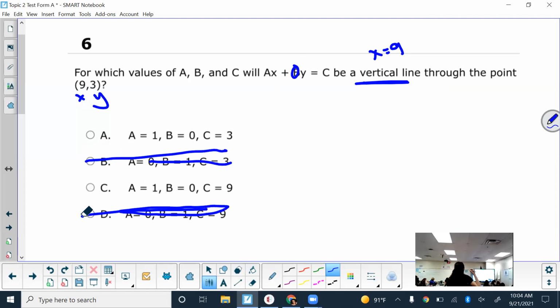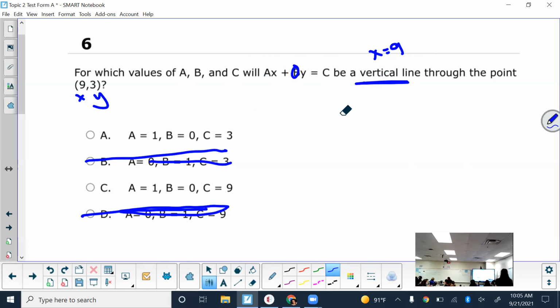Is that making sense at all so far? Because if my equation for the vertical line is always x equals a number, there's no y term, right? That means b had to be 0. So if b was 1, like it is in these other options, the y would still be there, but it's not. Does that make sense?